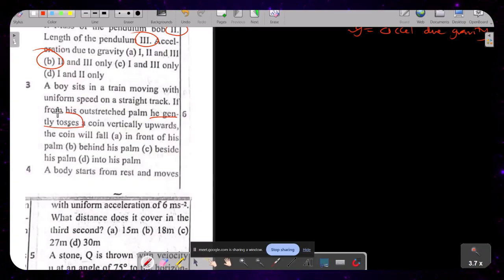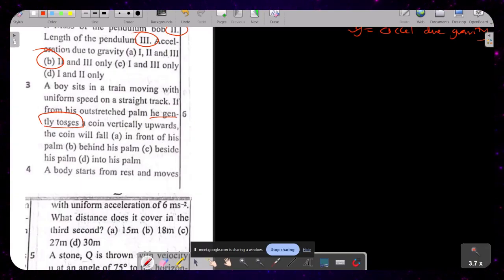The keyword here is gently tosses, which means that he did not throw the coin so far. He just threw the coin gently, so he never threw it to a particular height.